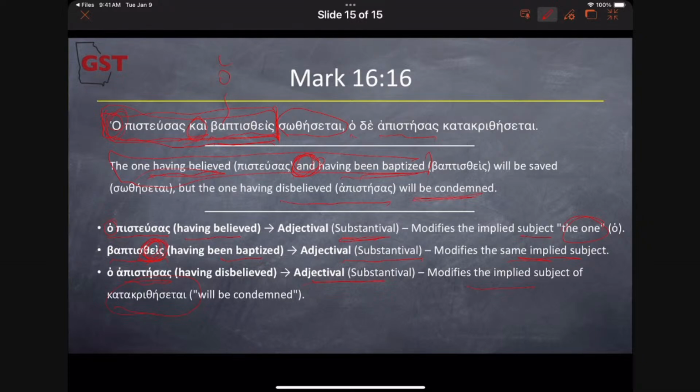There's a grammatical rule for that. I don't remember the name of it, but anyway, effectively this article covers pistesas and baptistheis. So they are both functioning adjectivally, and they're both functioning as a substantive, in other words, as the subject in this case. Apistesas is functioning also adjectivally and substantively, basically the one not believing.